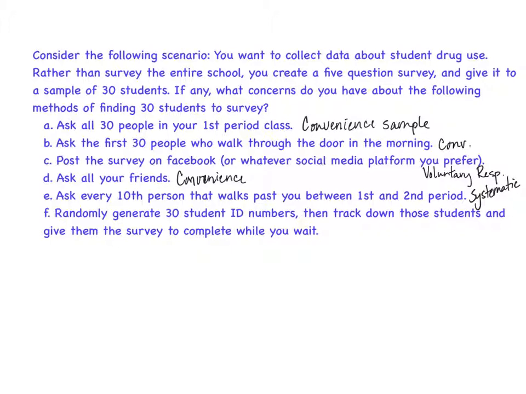The final one: randomly generate 30 student ID numbers, track down those students, and give them the survey to complete while you wait. And I'm going to add to that, but don't watch. Like you don't watch their answers. This is what's called a simple random sample, or an SRS.